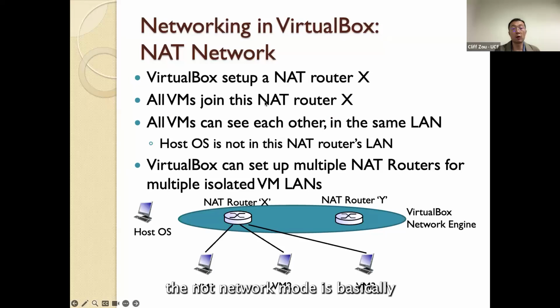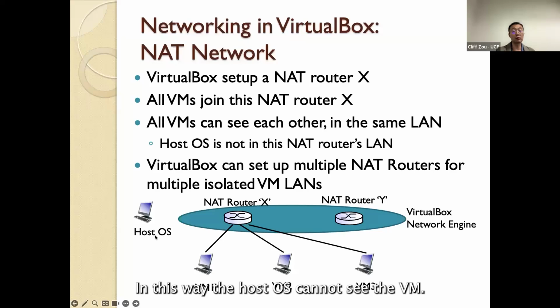The network mode is basically that the VirtualBox network engine will create this virtual router. If you configure the three VMs to use the same net router, then when the three VMs run, they will connect to the same net router. In this way, the three VMs will be in the same LAN and they can talk to each other.